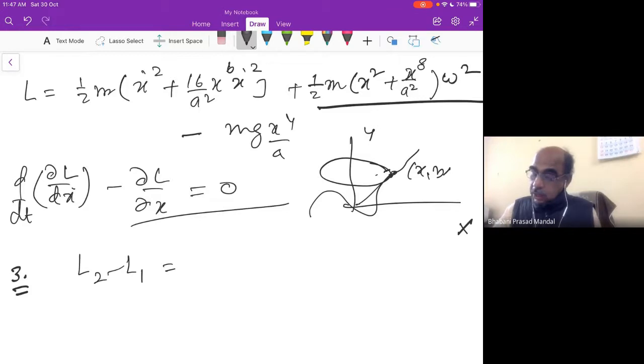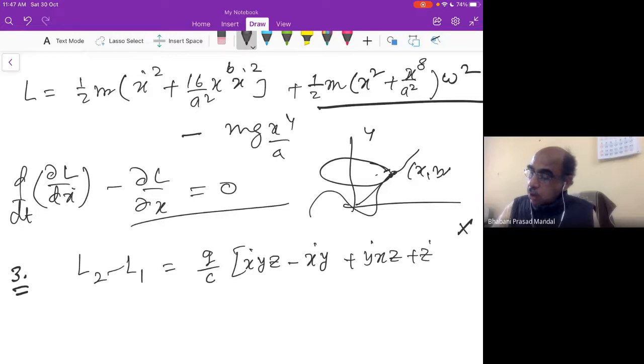So if you calculate L2 minus L1, then the Q part will cancel. The first Lagrangian terms are Q by C, x dot y z minus x dot y first term, then y dot x z plus z dot xy. And the second Lagrangian term is minus Q by C, y dot x by 2 plus x dot y by 2.